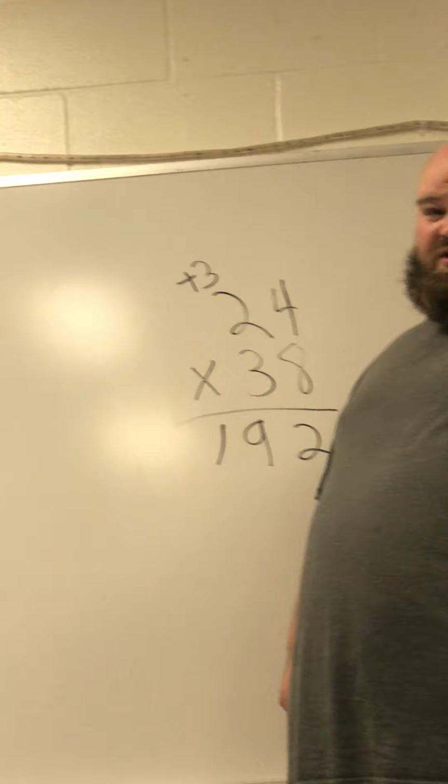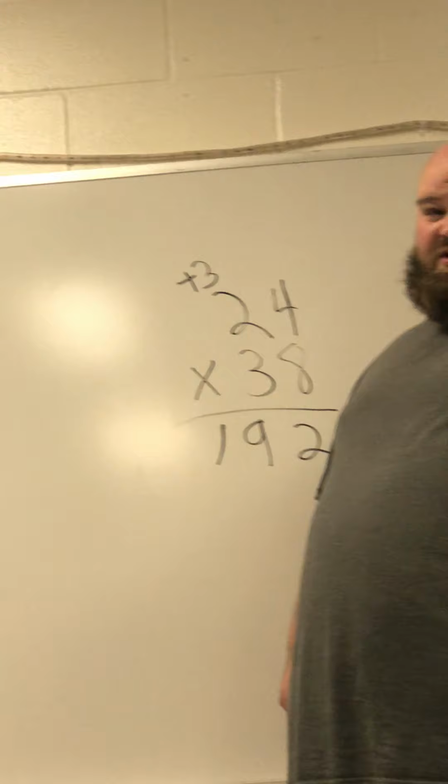My next step, I'm going to multiply my bottom ones times the top tens, which is 8 times 2, which is, that's right, 16. Then we add that 3. So 16 plus 3 is, that's right, 19.